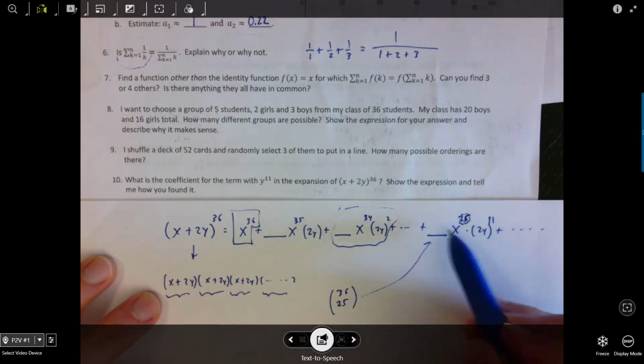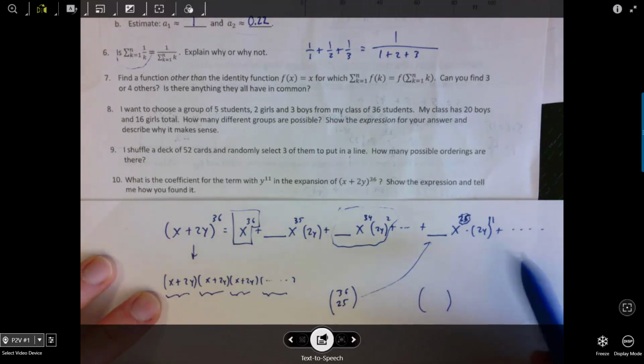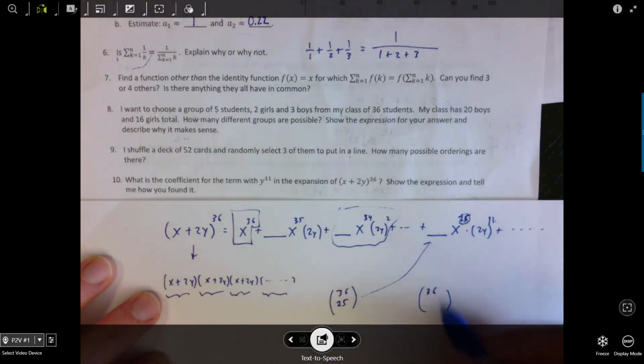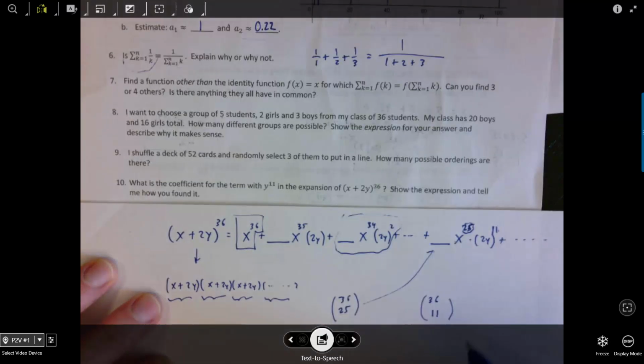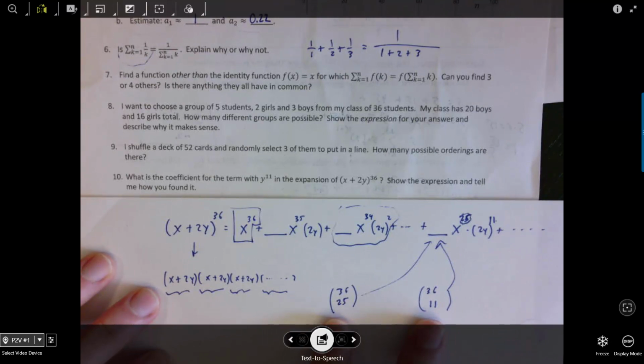So that's what you could write as your coefficient here. A different way of thinking about it is I know that I want 11 of the 2y's. So out of these 36 choices, I need to choose 11 of them to be 2y, and you could write that here. And these are the exact same number for a reason that we talked about in class.